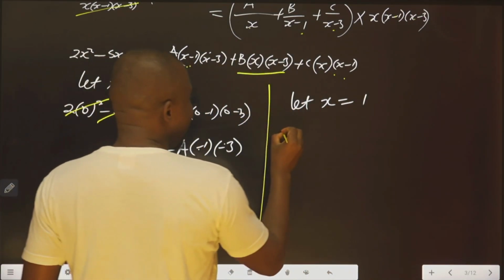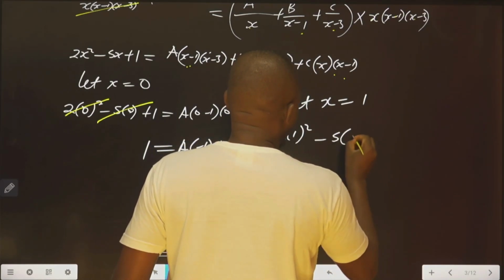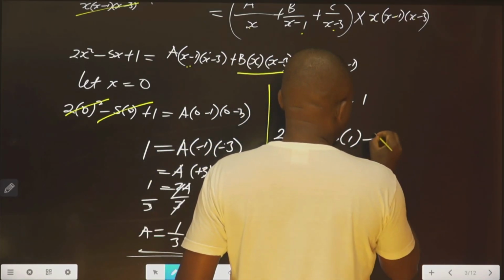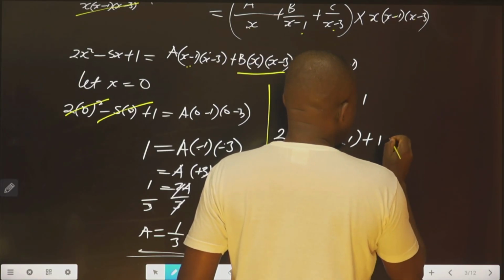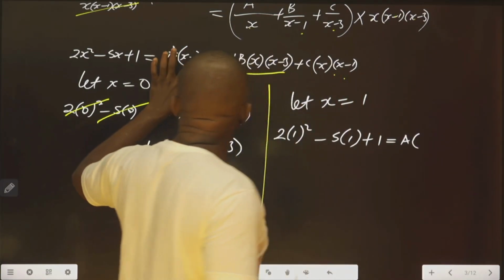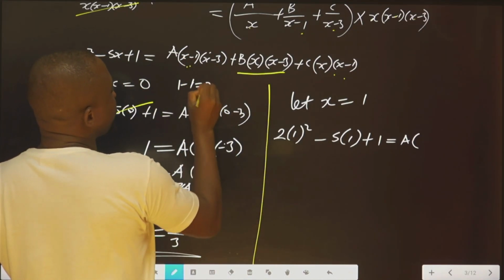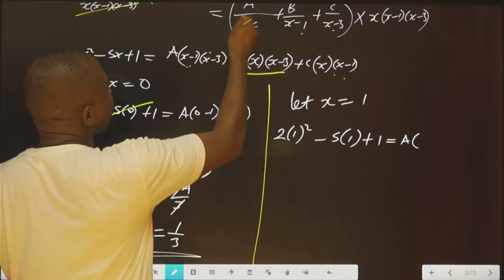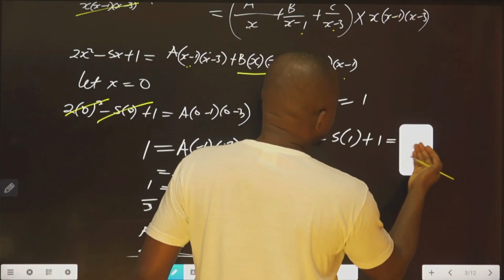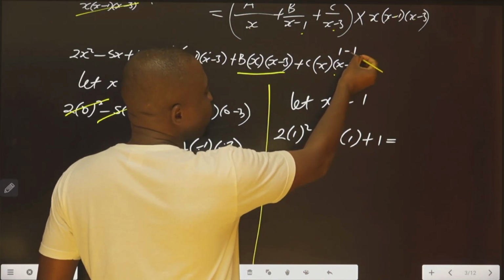So, I put 1 here, that is 2 times 1 raised to the power 2, minus 5 times 1, plus 1 equals to here. A, here, if I put 1 here, that is 1 minus 1, it will produce 0. It means no need to waste our time. If I put 1 here, it will be 1 minus 1, which is 0.